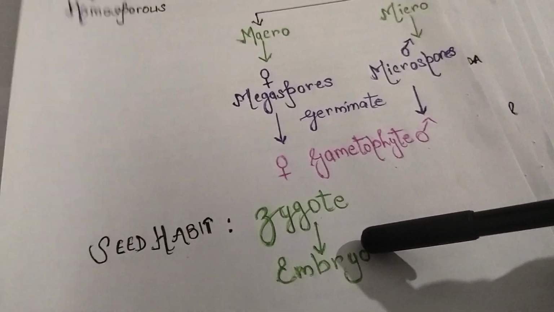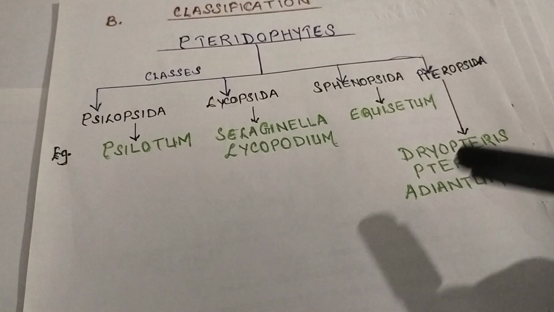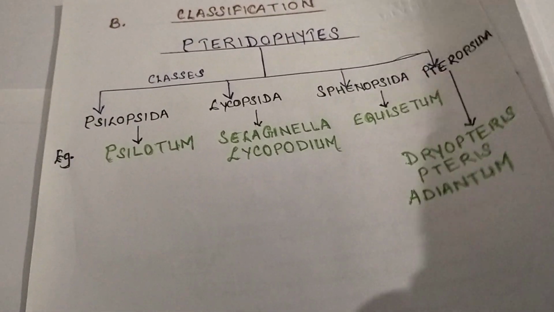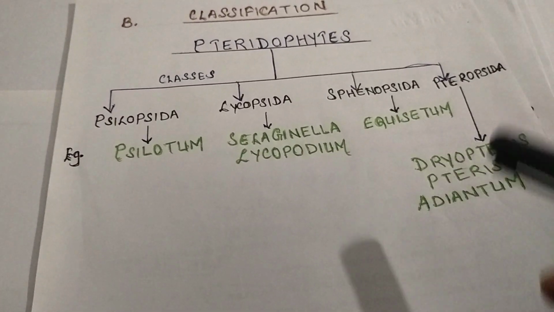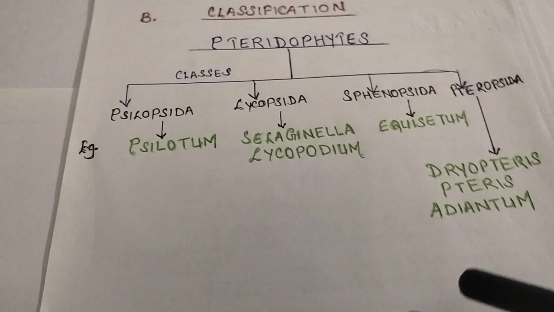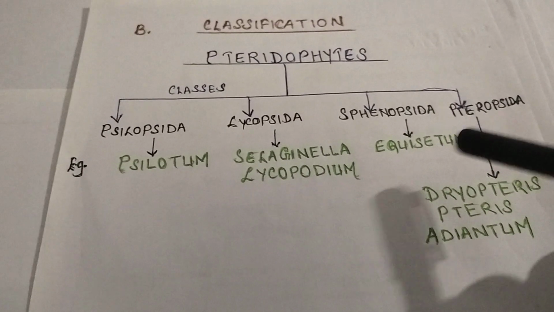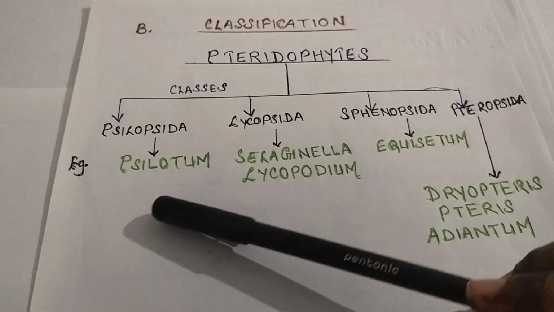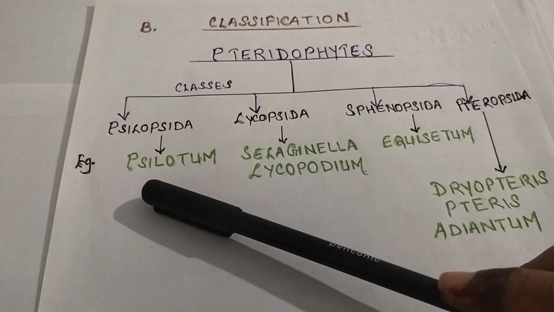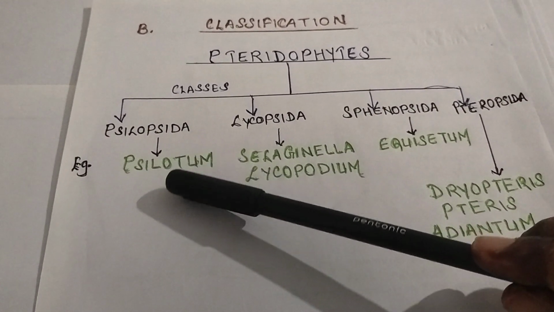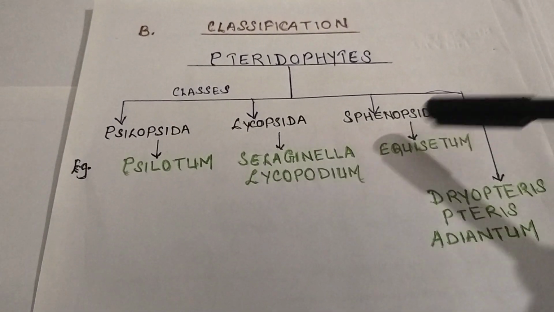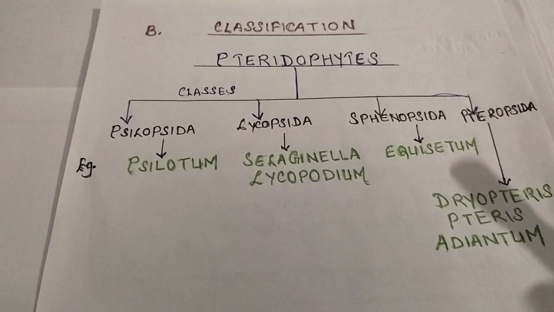And one more thing which I slipped off was a small classification of pteridophytes. The pteridophytes are further classified into 4 classes. And what are those classes? Only the names you have to remember: Coelopsida, Lycopsida, Sphenopsida, and Pteropsida.